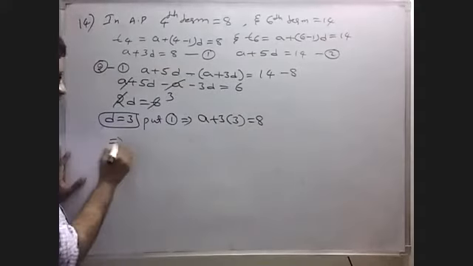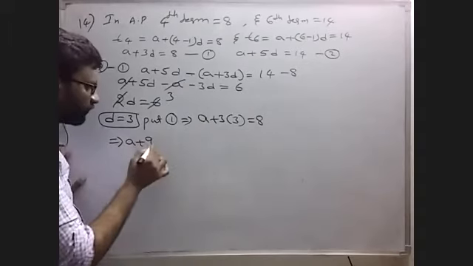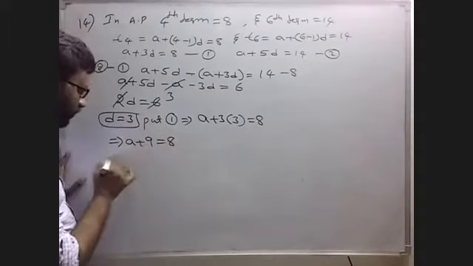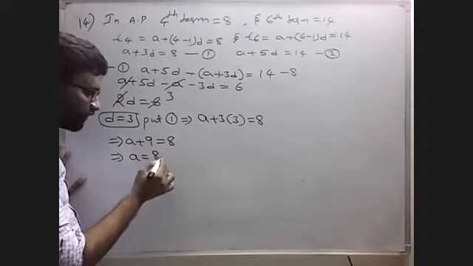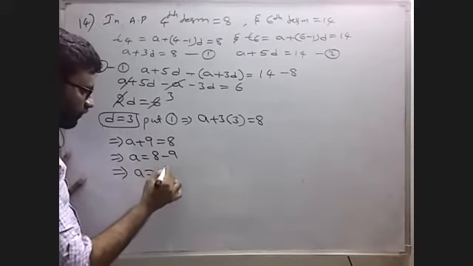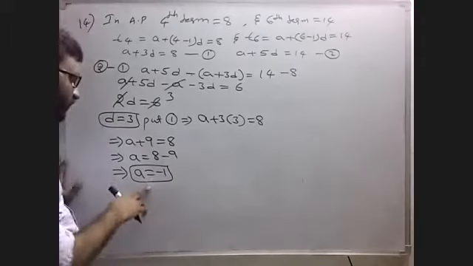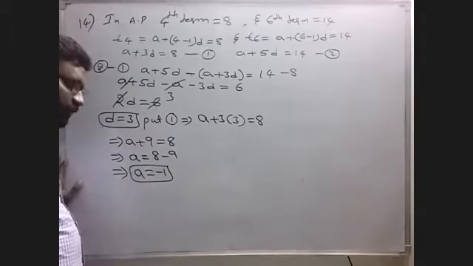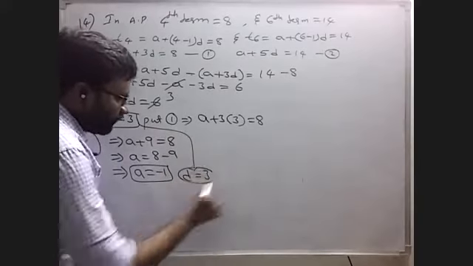Now that implies A plus 3 threes are 9 is equal to 8. That implies A is equal to 8 minus 9, so A is equal to minus 1. A is equal to minus 1, D is equal to 3.